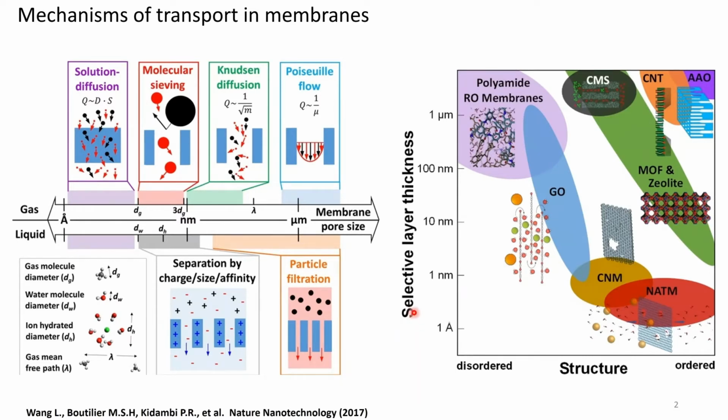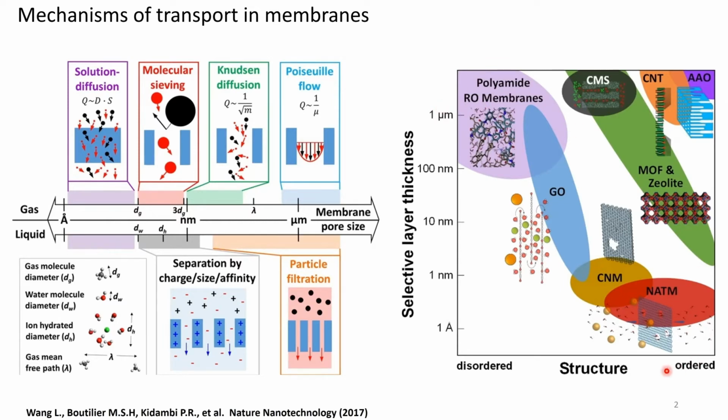On the right-hand side, I show you on the y-axis selective layer thickness, and on the x-axis, the structure. Conventional reverse osmosis polyamide membranes for water desalination and purification sit somewhere here, where the thickness is on the order of a few microns, and they're extremely disordered in structure. Anodic alumina membranes, on the other end, are extremely ordered in structure, but they are still relatively thick.